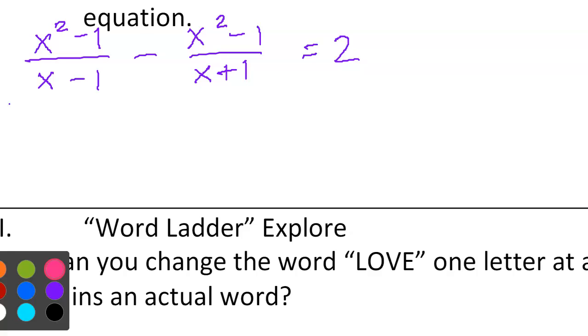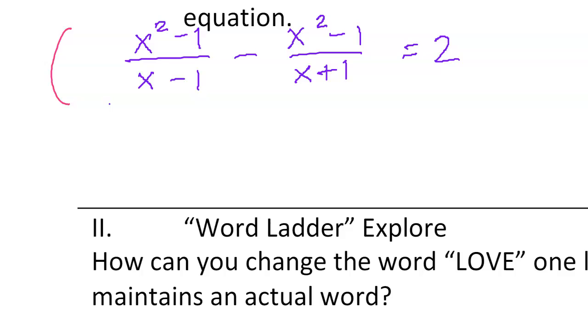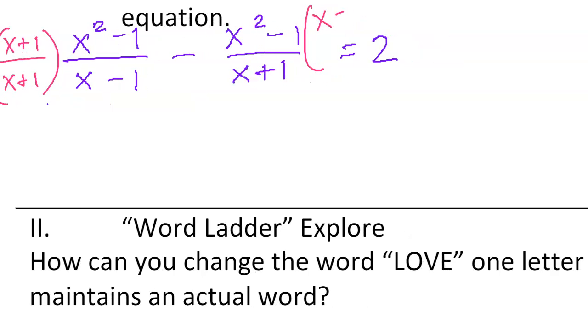So a good solid move to make is trying to combine those into a single term. And to get a common denominator, you would multiply by the opposite denominator. So I'm going to multiply this side by x plus 1 over x plus 1, and multiply this side by the other denominator of x minus 1 over x minus 1.